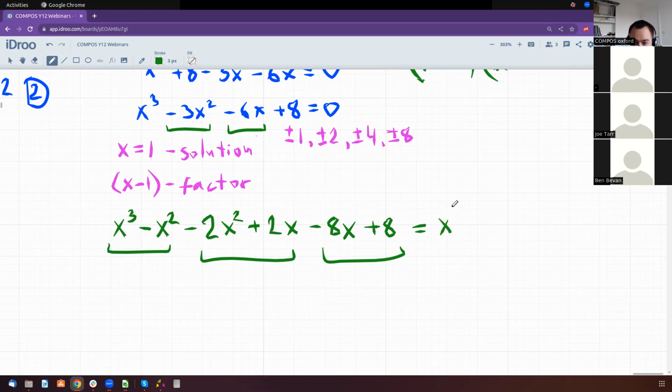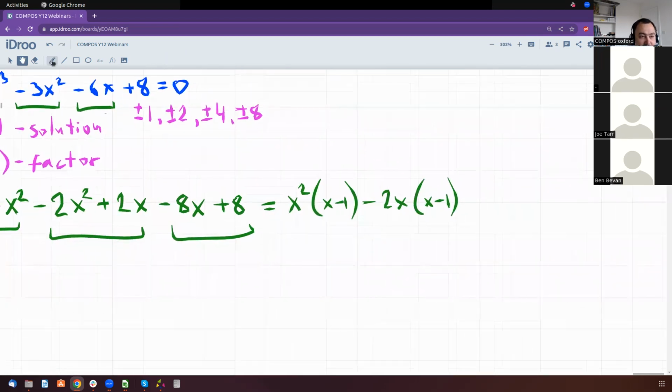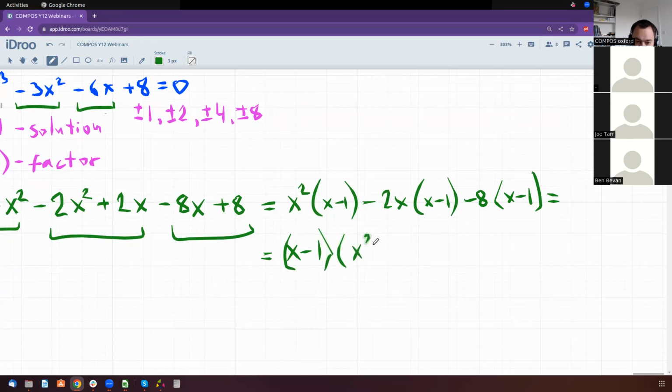I have x squared, x minus 1, minus 2x, x minus 1, and minus 8, x minus 1. And thus, I have x minus 1 times x squared minus 2x minus 8.